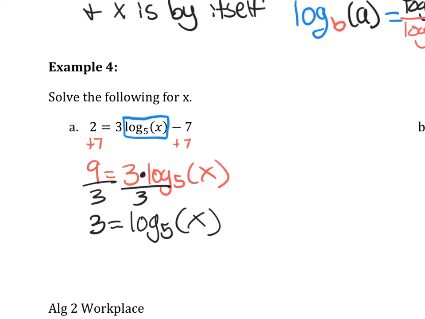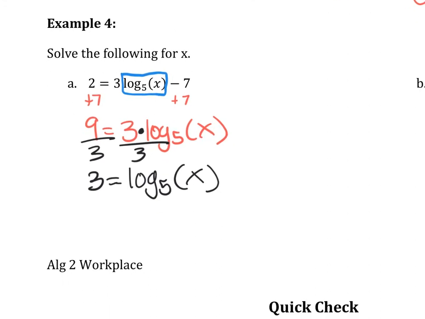Now we can convert, because now the log is by itself. And looking at it, we can't really figure out what x is off the top of our head, so we can try converting. The base of our log is the base of our exponential. Go across the equal sign to get your exponent. Come back around to get what it equals. If you want to rewrite it, flip it so it's log base 5 of x equals 3, just so it's in that familiar format, that's fine.